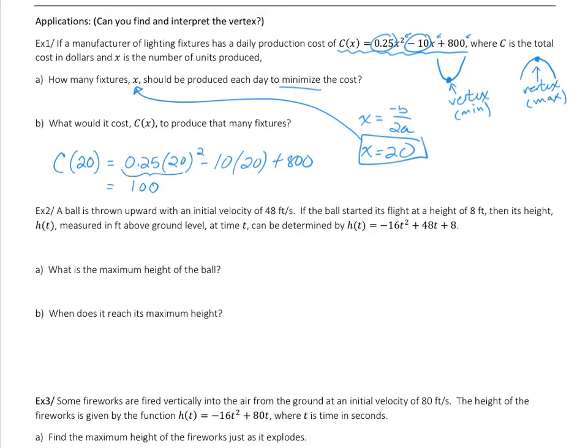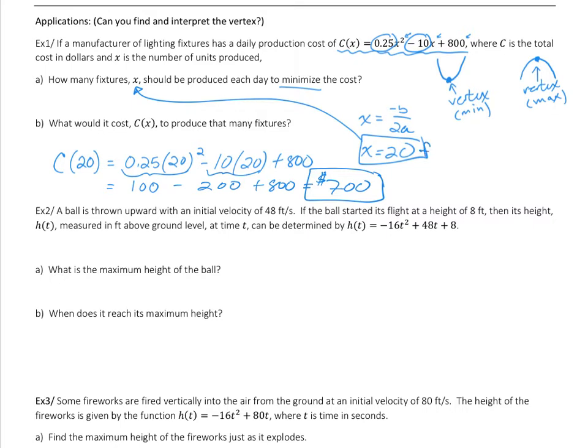That's if you simplify all this stuff, square the 20 first, and then multiply by 0.25. So 400 times 0.25 is 100, minus 10 times 20 is 200, plus 800 is a whopping total of $700. That's the minimum cost that will be had to make light fixtures.